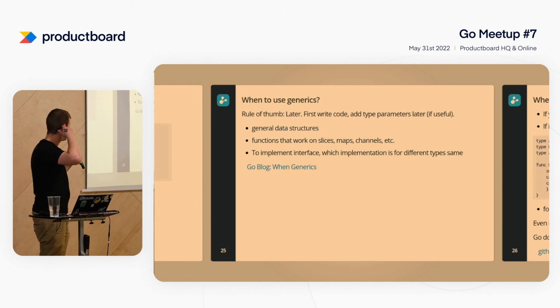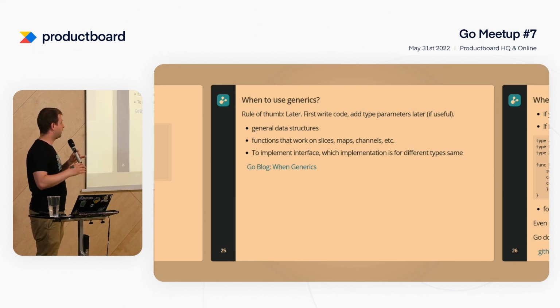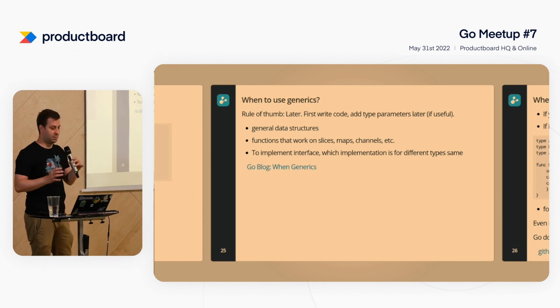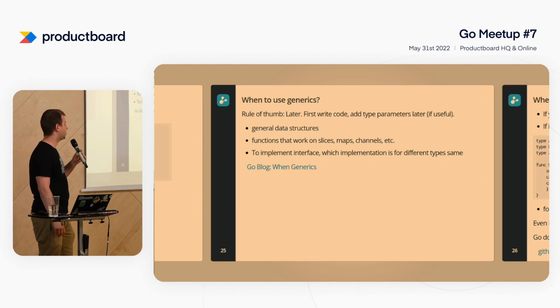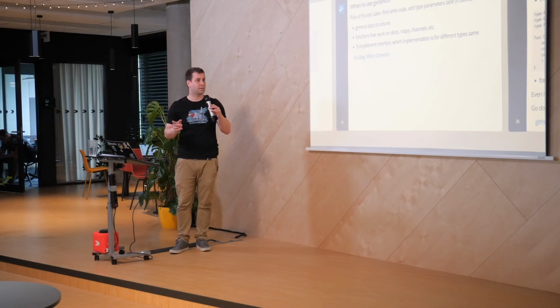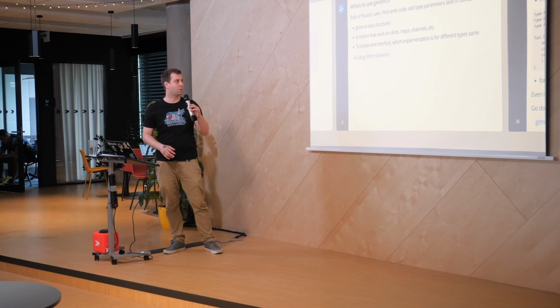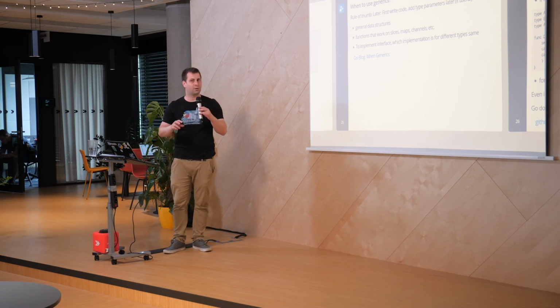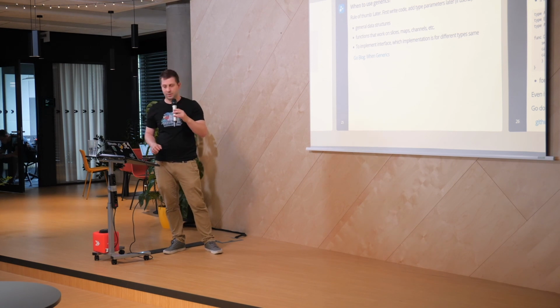And also, there's one reasonable usage: to implement a generic wrapper which implements some interface, if that interface's implementation is the same for different types. The best example is the implementation for sort.Interface, because it's quite the same for all types, with some exceptions, but the basics remain the same. For example, the length or the swap of that slice.